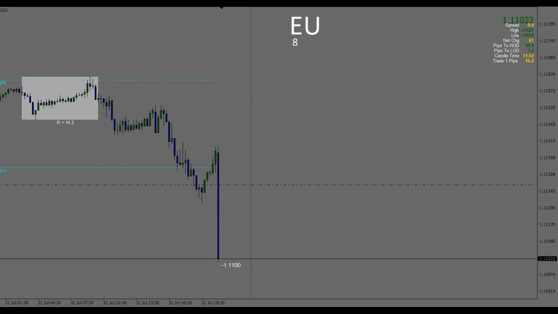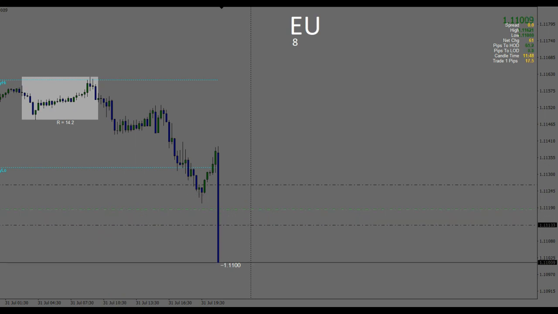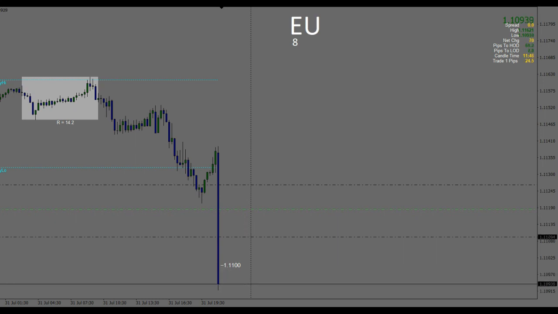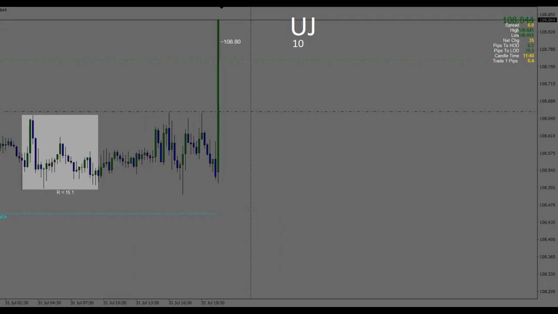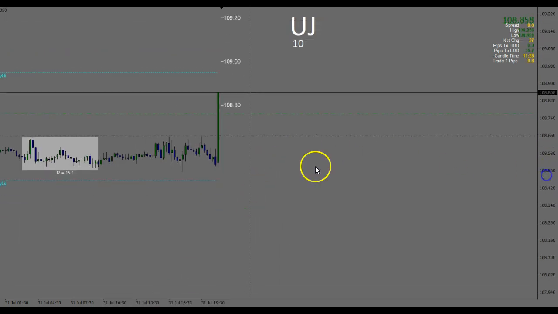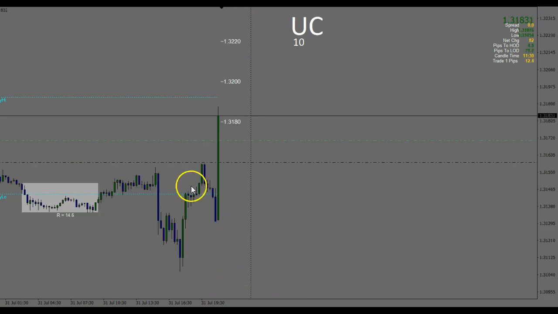Okay, let's start locking in some profits. Let's lock in 5 pips on that. Let's lock in 10 pips on that. That's moving nicely. And we'll lock in a couple of pips on that, US dollar Japanese yen.